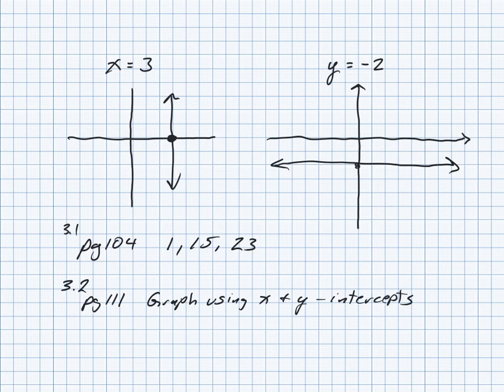The questions that I'd like you to do are 9, 13, 15, and 27 on page 111. That should provide you enough practice with finding the x and y intercept to be ready for the test. And we'll move on to slope next.